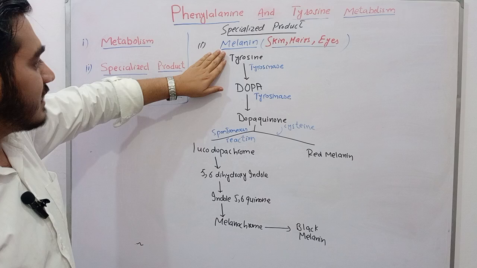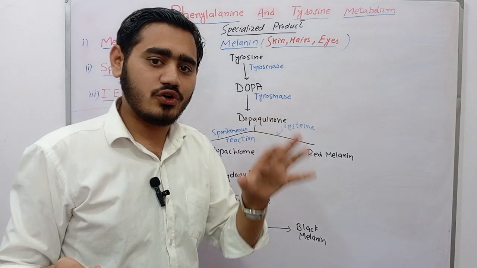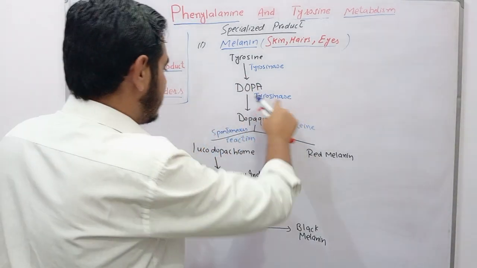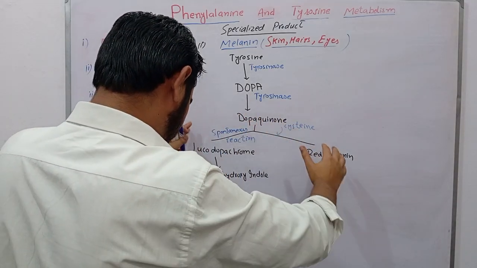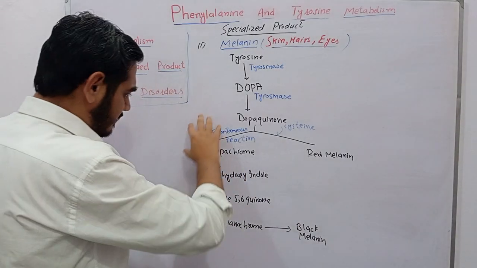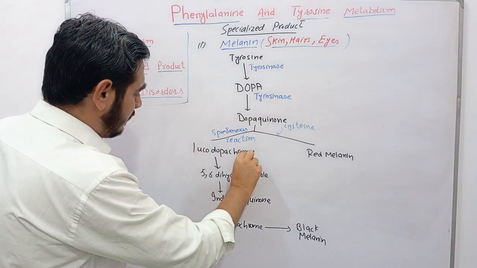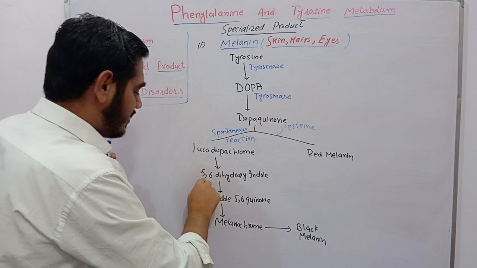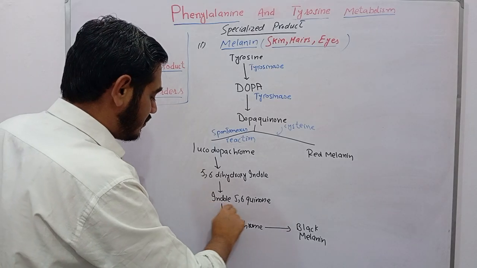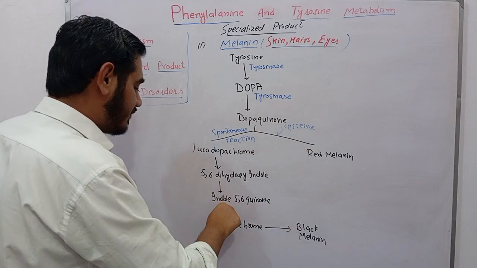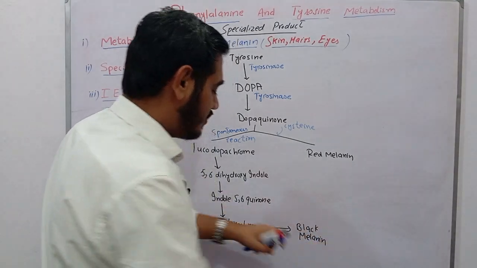I am repeating: tyrosine, by action of tyrosinase enzyme, forms dopa, that is dihydroxyphenylalanine. Then dopaquinone forms, and it undergoes two main pathways through spontaneous reaction. First is leukodopachrome, then 5,6-dihydroxyindole, indole 5,6-quinone, melanochrome, and black melanin.